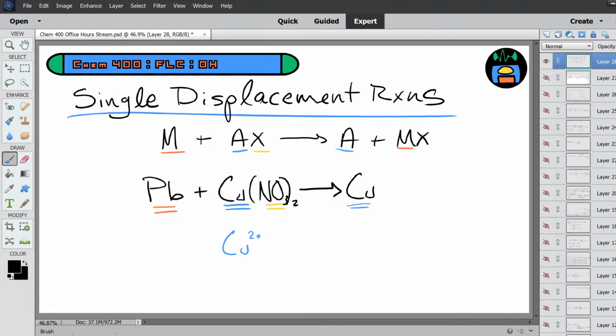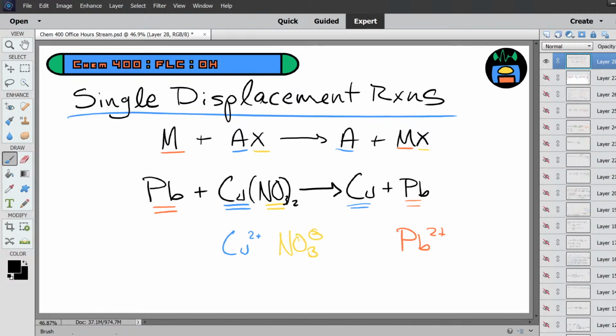Then we have plus MX, and the M is Pb, which will also take on a charge of positive 2. Nitrate is a polyatomic ion with a charge of -1.